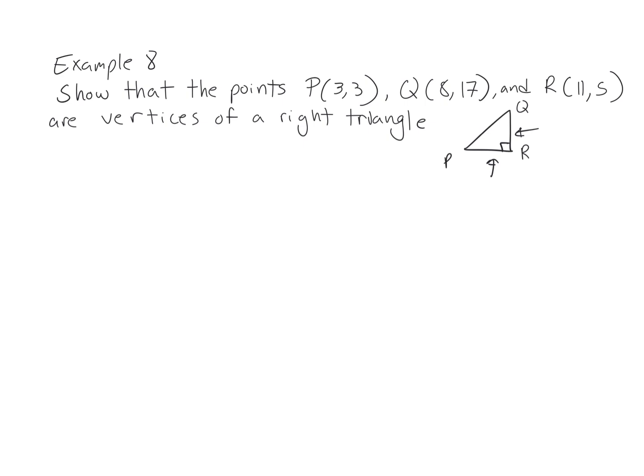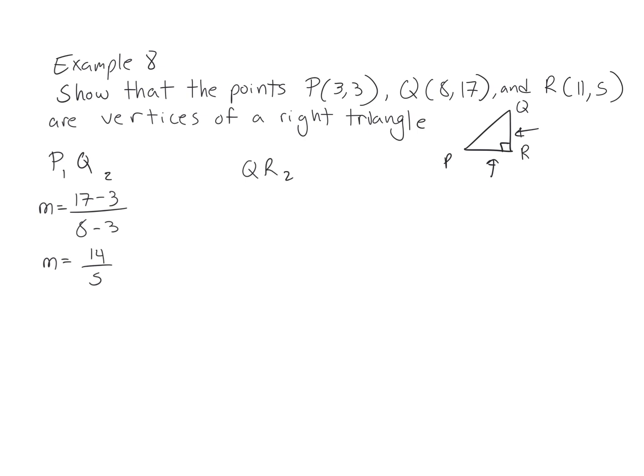So let's find the slope for PQ first. The slope for PQ, I'm going to choose Q to be my 2's and P to be my 1's. So it's going to be 17 minus 3 over 8 minus 3. It's going to be the slope of 14 over 5. All right, cool. Now we're going to find the slope of QR.